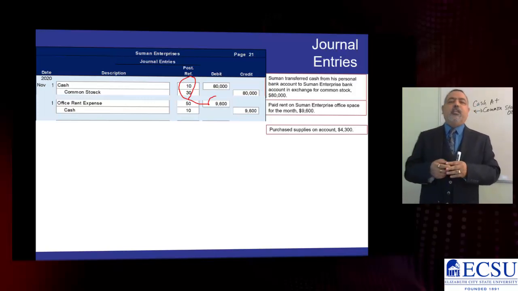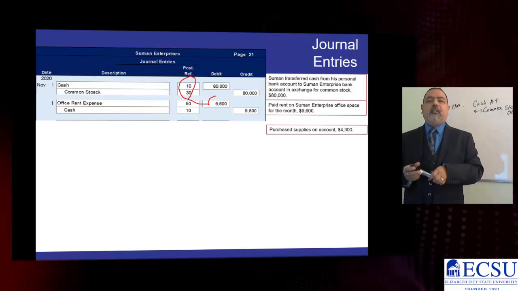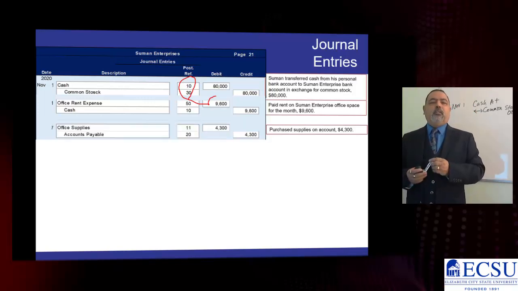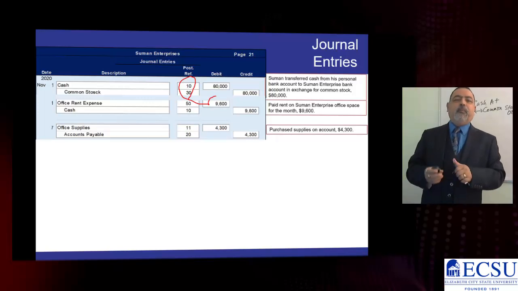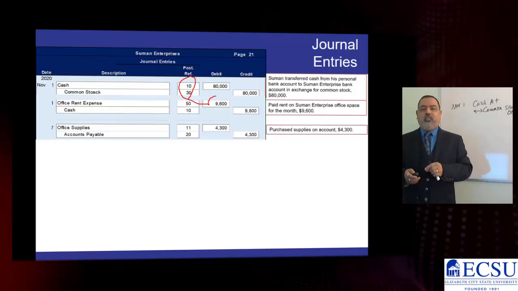Since in this case you are buying it, we'll be using accounts payable and the supplies account, of course. So your journal will be office supplies account debit, and the posting reference is 11, and accounts payable is of course posting reference 20, amount is 4,300. So this is the third journal.